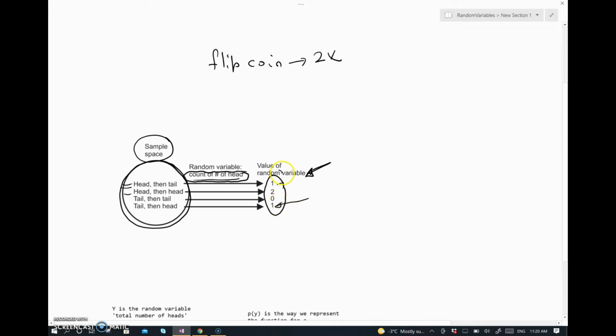And that's where this idea of randomness comes in. If I were to do the experiment today, I might get a 1. If you were to do the experiment today, or I were to do the experiment tomorrow, we could get a value of 2. But again, it's critical to distinguish the set of all possible outcomes from the one that actually occurs when we do the experiment.